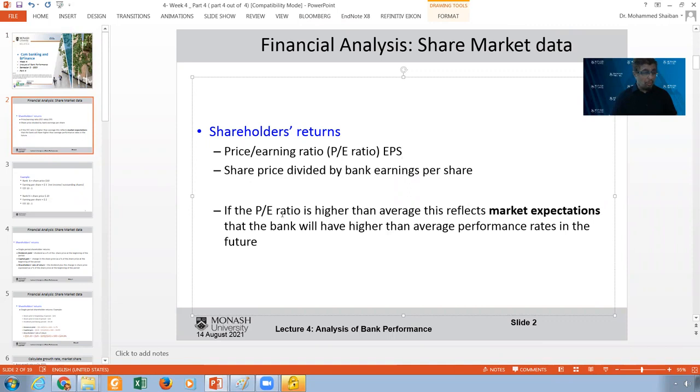Now, the most interesting thing here: if the PE, the price to earning of a bank or a company compared to the others, is higher, that means there is a potential for growth, and the investors are seeing something in that bank or company which makes them pay more for the share price, and this is why this ratio is increasing.